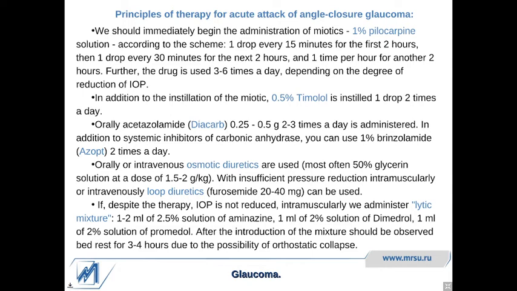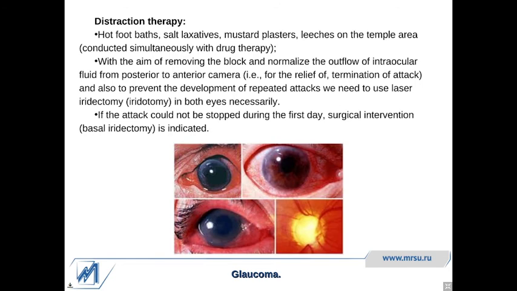Also, besides drug treatment, we can use distraction treatment, hot foot baths, for example, salt laxatives, mustard plasters. If the attack couldn't be stopped during the first day, surgical treatment must be administered to this patient.